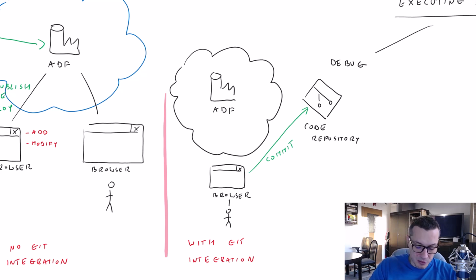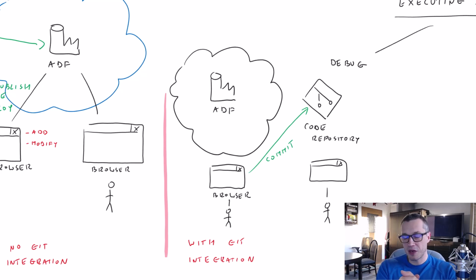Which means that collaboration between various developers is much simpler, because if all of them work on the same branch from the same repository, they would instantly see the changes made by the other person. So the collaboration is very simple.